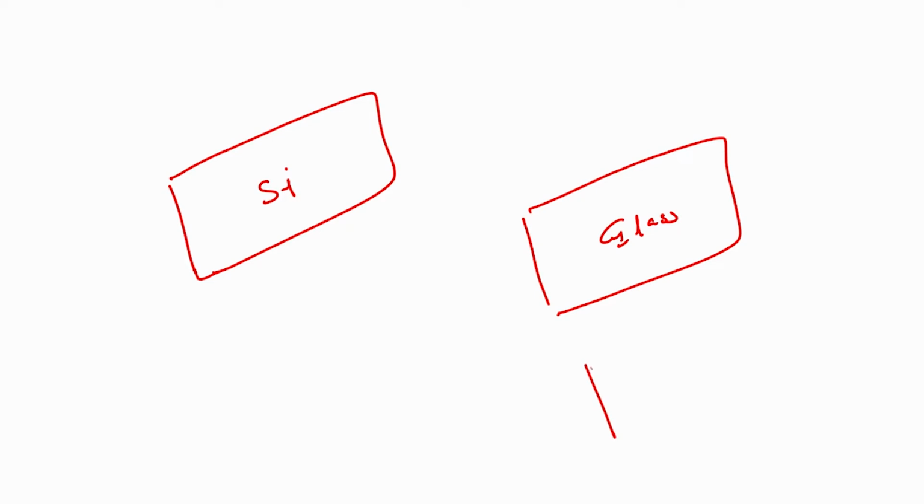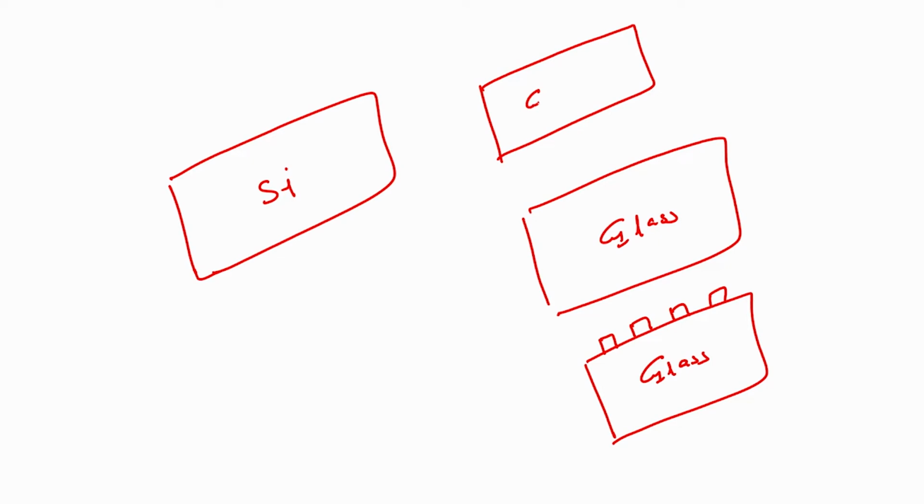What I want to have? I want to have interdigitated electrodes on the substrate. Silicon and glass are substrates. So, if this is a glass, then I can deposit a metal.